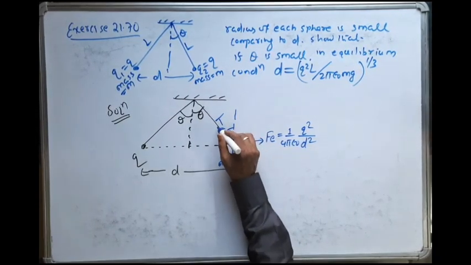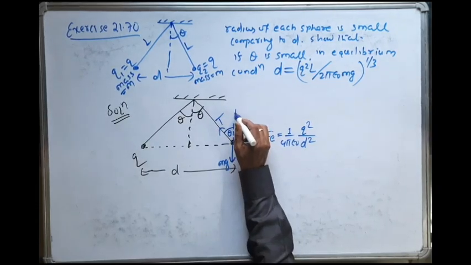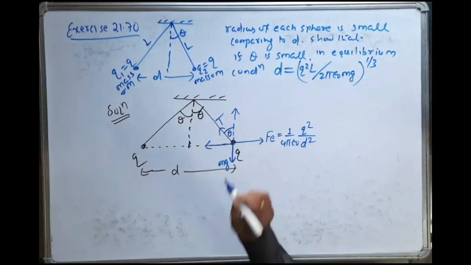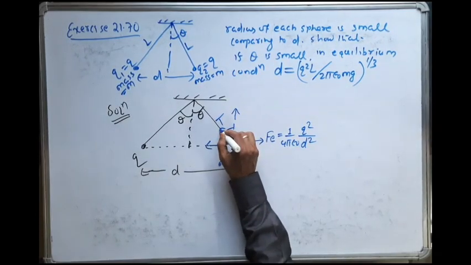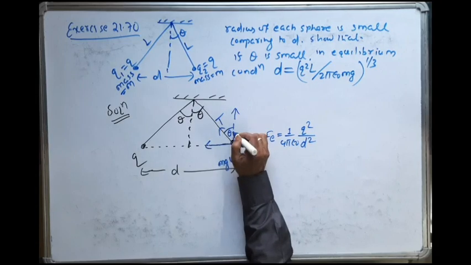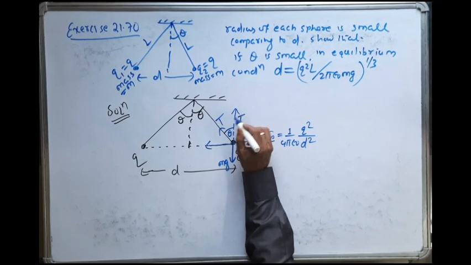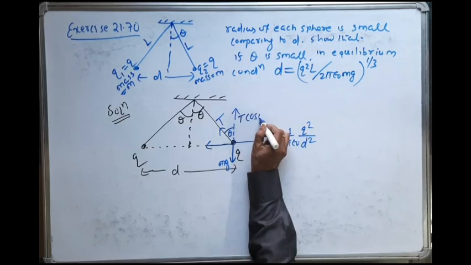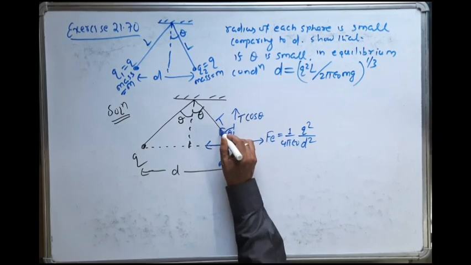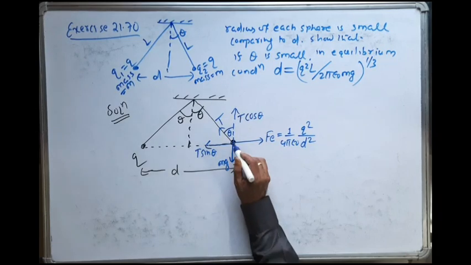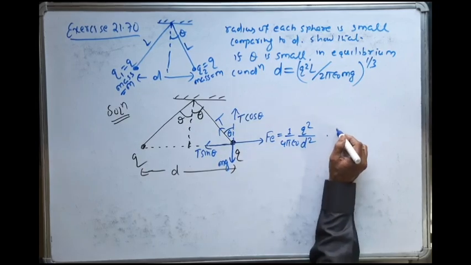Now this T can be resolved into two components, one along the vertical direction and another along the horizontal direction. The component of T along the vertical direction, making theta angle with this axis, is T cos theta. And the component of T along the horizontal direction is T sin theta. Since this charge is in equilibrium, the net force is equal to 0.